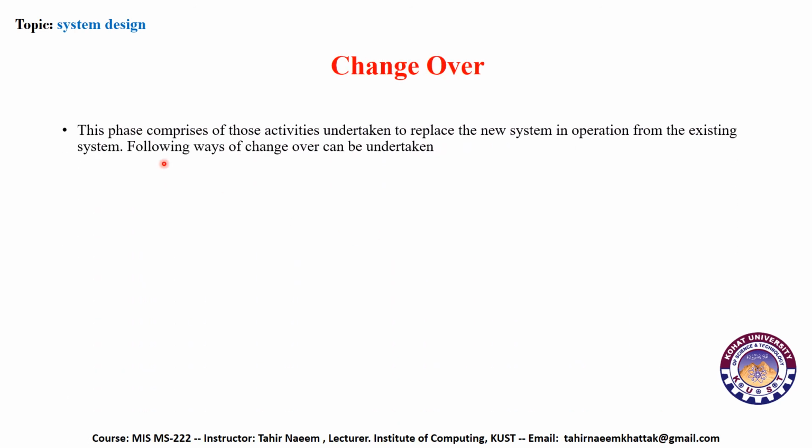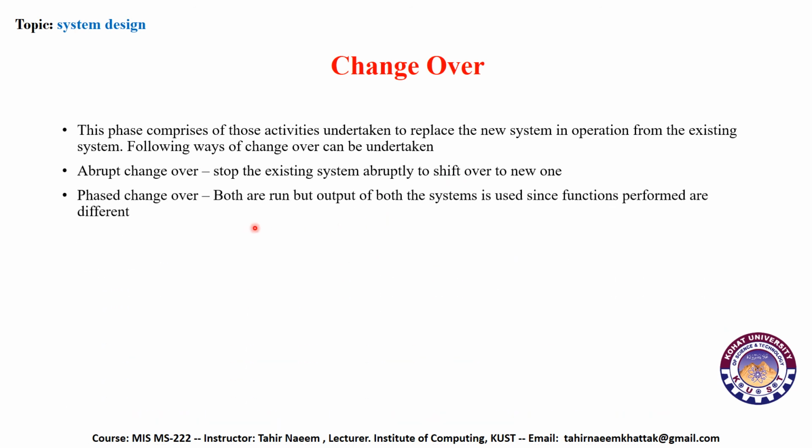Changeover. This phase comprises those activities undertaken to replace the existing system with the new system in operation. The following ways of changeover can be undertaken. Abrupt changeover. In abrupt changeover, as the name suggests, we stop the existing system abruptly and completely shift over to the new one. Phase changeover. In phase changeover, both are run, but the output of both systems is used since the functions performed are different.